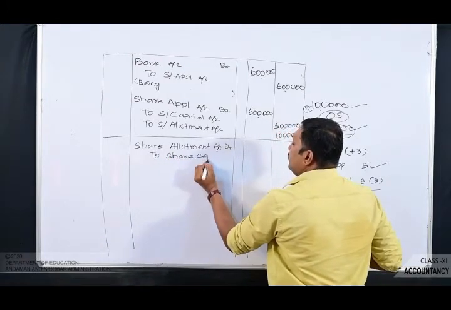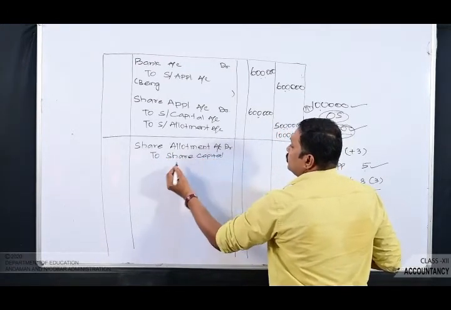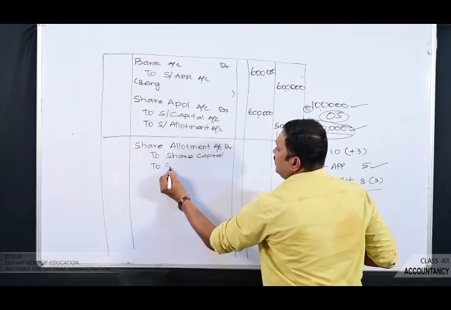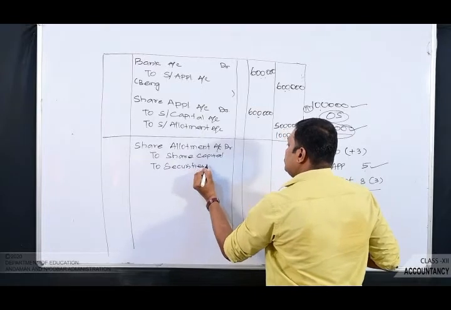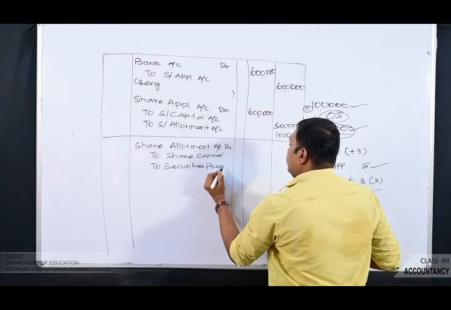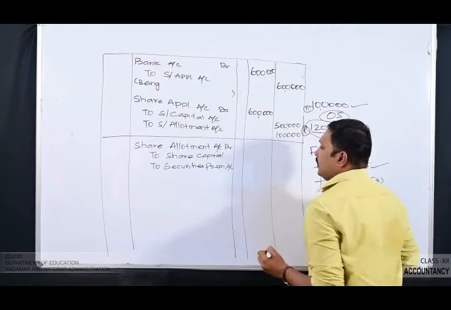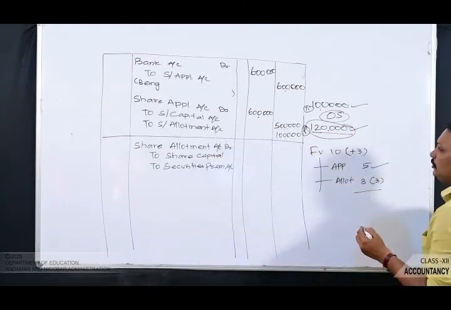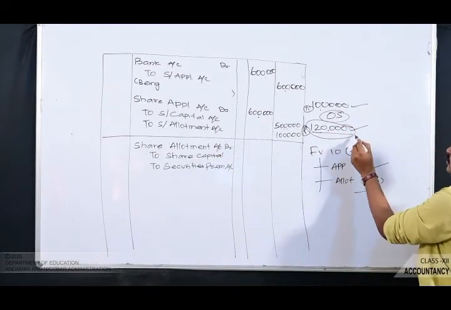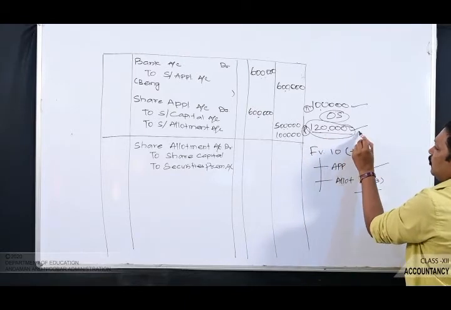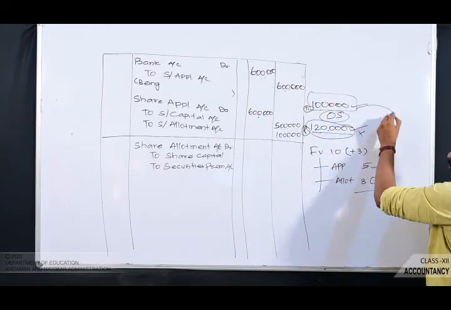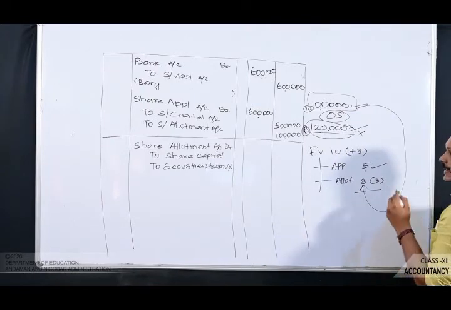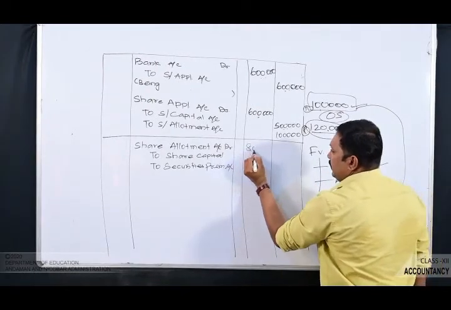Here premium is with allotment, so we have to add one more entry, that is securities premium account. So write the amount. How many shares were issued? Now we should not multiply with the received amount. We have to multiply with the issued amount only. That is 1 lakh into 8, that is 8 lakh rupees.